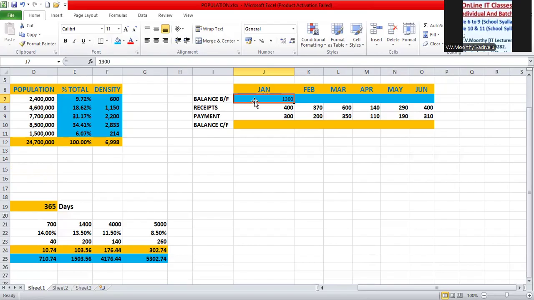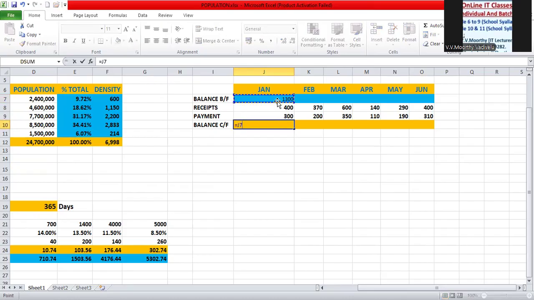Balance brought forward, receipt 400, payment 300. So this 1300 is brought forward from December last year. Say how to do this one.